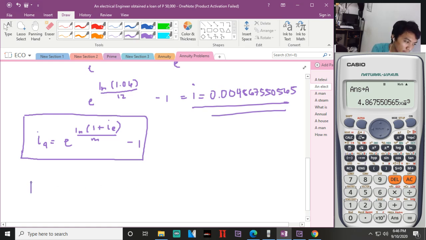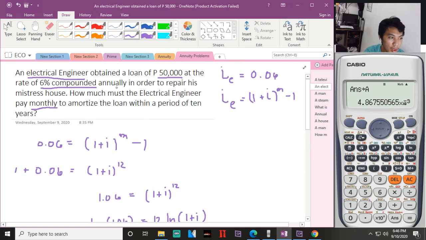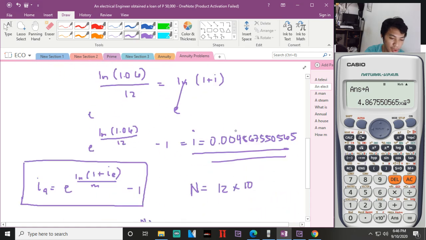Now, binigyan tayo dito ng present worth. That is PA equals A times I over 1 minus 1 plus I raised to negative n. So, ang n natin dito is 12 payments times 10 years. In monthly amortization, 10 years, N is 10 years.